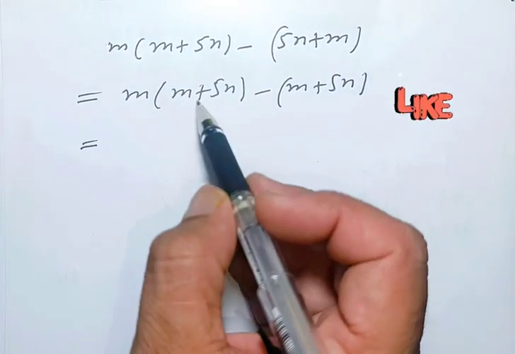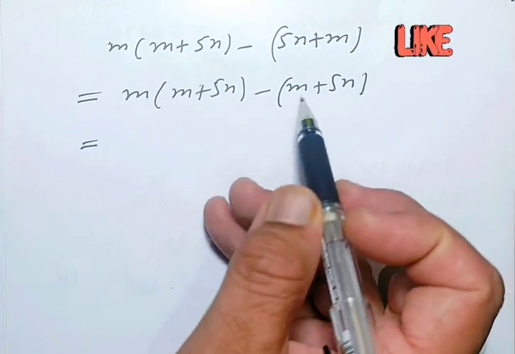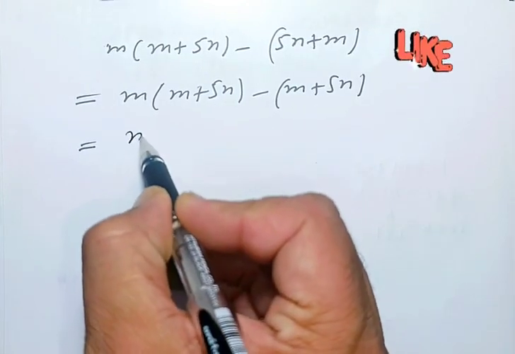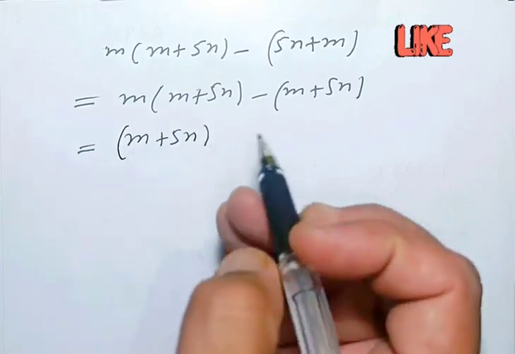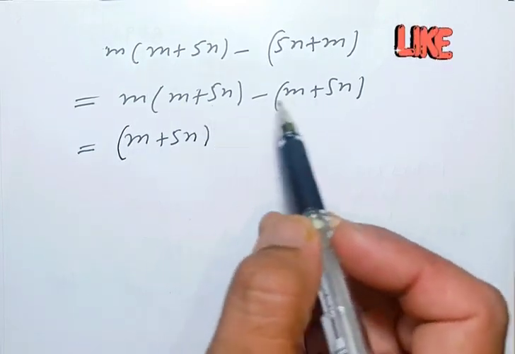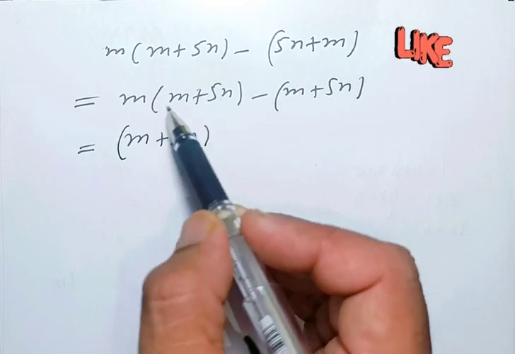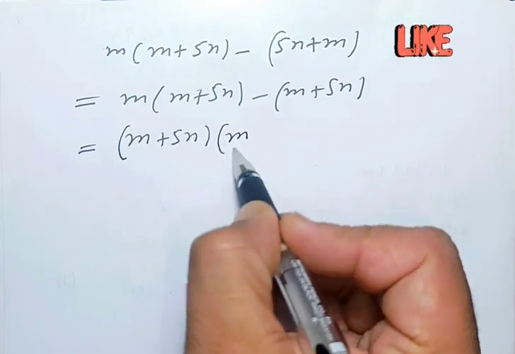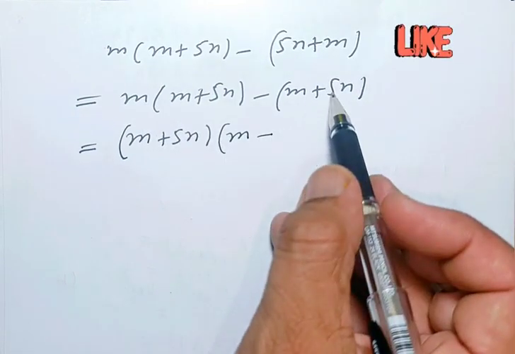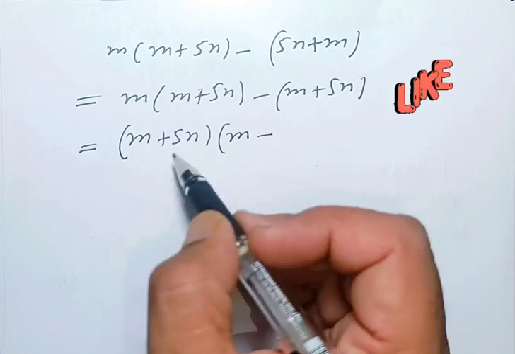So now m plus 5n, this is a common bracket. M plus 5n is going to come out as a common bracket, because both expressions have m plus 5n. So what's left here? Only this side m left, minus this side only going to be left 1, because m plus 5n is out.